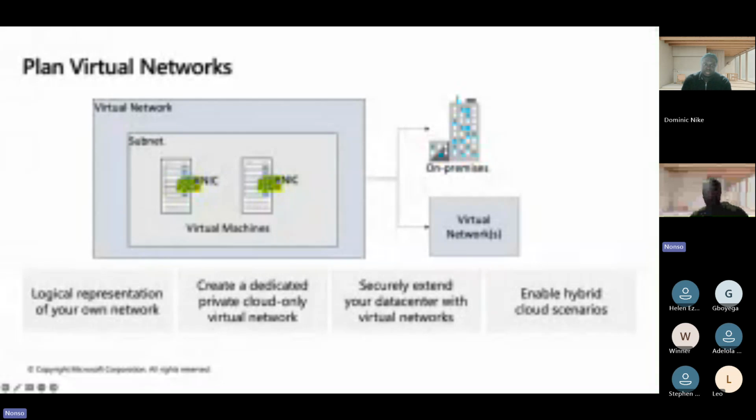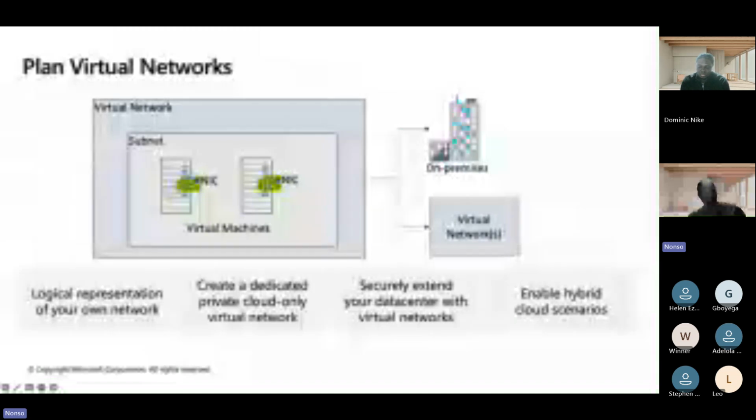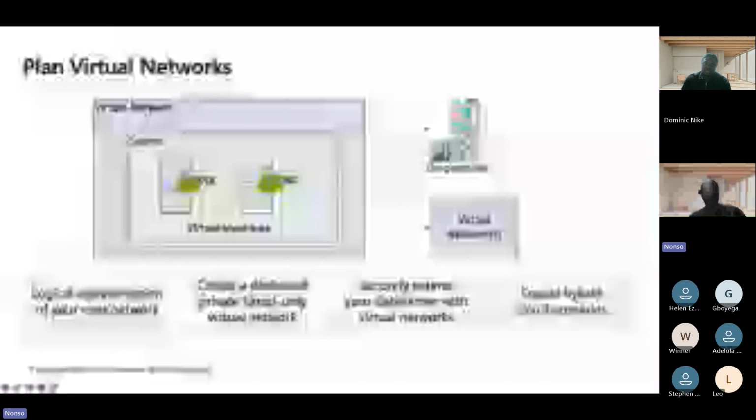The way I would like to start is this: a virtual network is basically like a switch. Someone asked me what a switch is. A switch is a place where you have multiple devices connected in your environment. So a virtual network is like your switch in Azure.